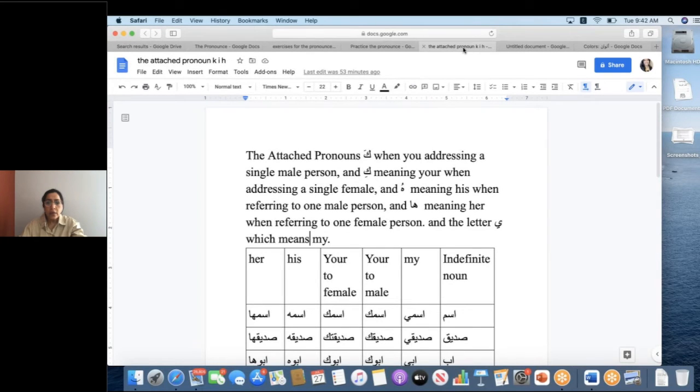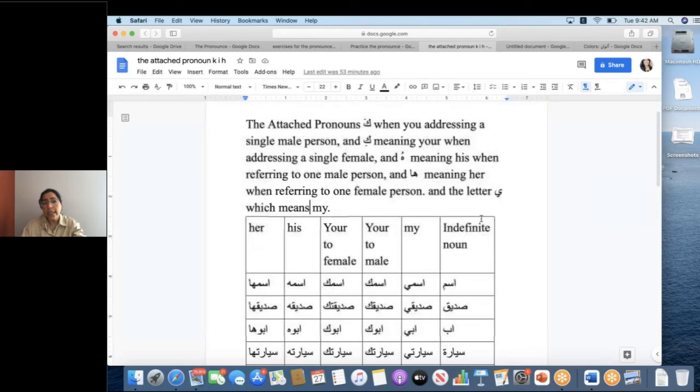Let's go. I did this one exactly like the one I explained for you, and I just hoped it is a little bit more clear. It's just that I used a few pronouns.